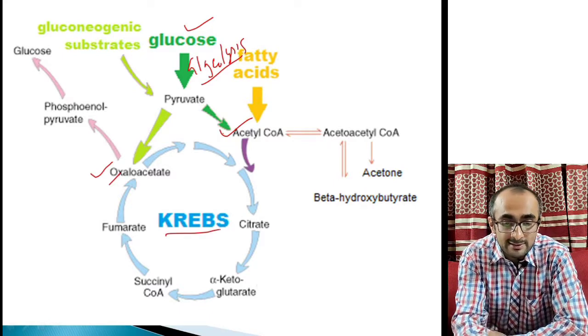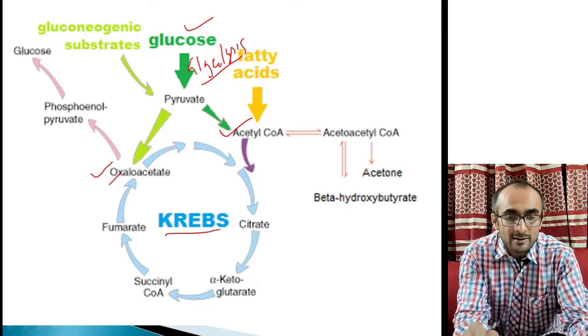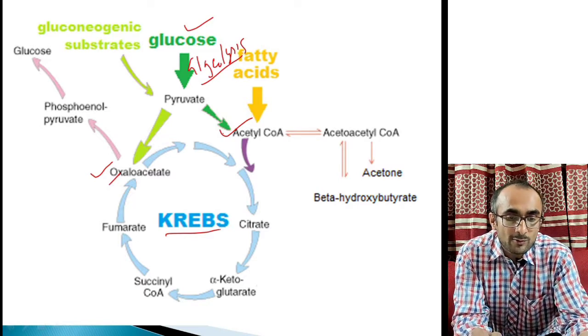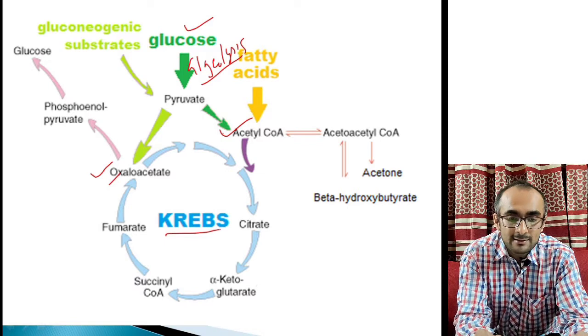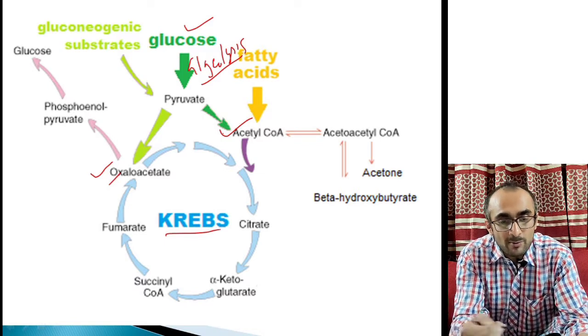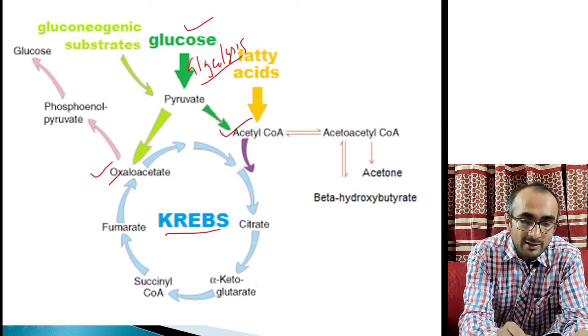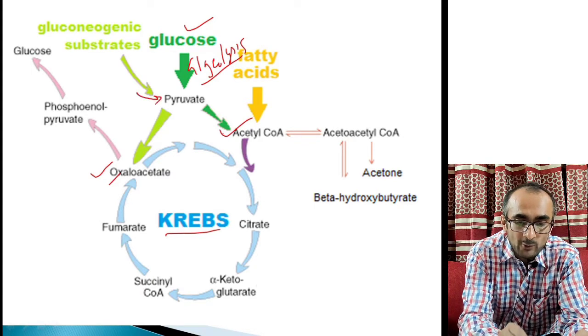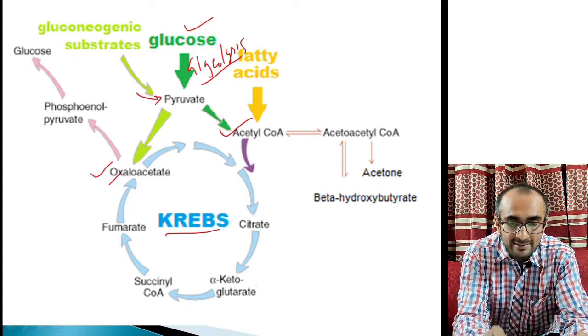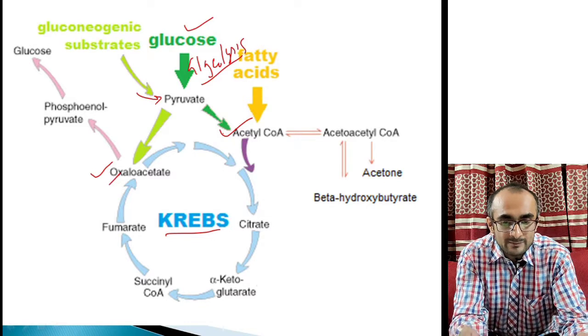We have talked about the citric acid cycle in the earlier lecture. Similarly, gluconeogenic substrates, for example some amino acids or other compounds, are also converted into pyruvate, and from there they can enter into the TCA cycle.